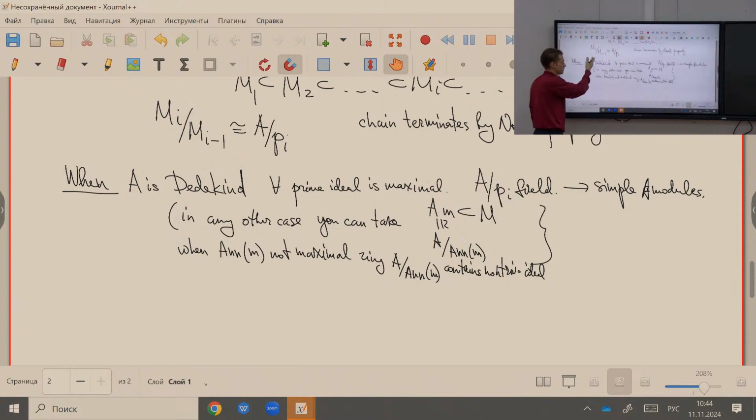So this proves that if any element is torsion, that means you can have this kind of chain, and in this chain Pi are not equal to 0.